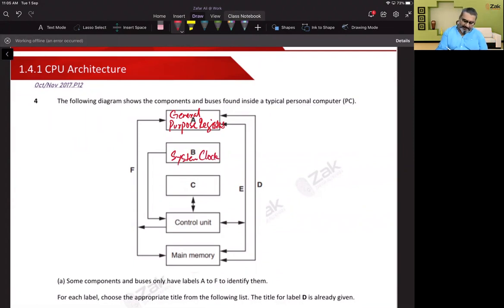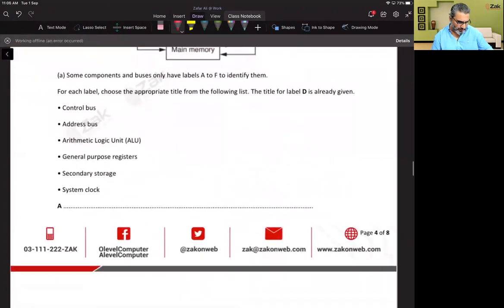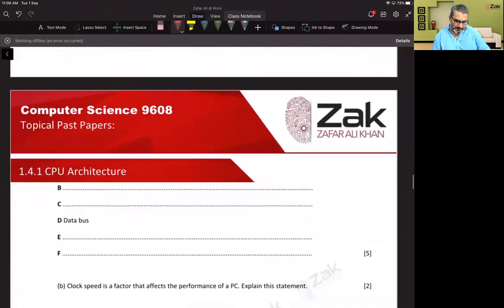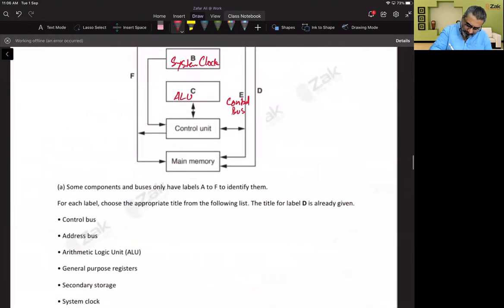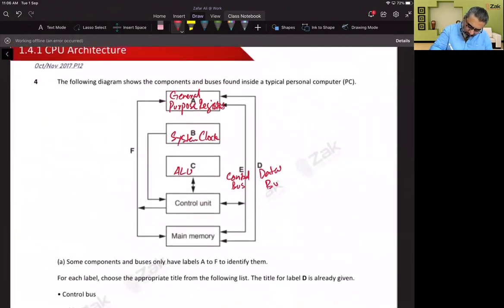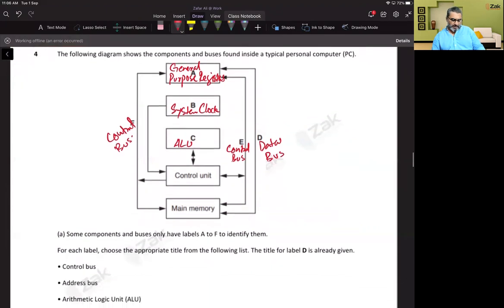Then we have got C, since it is only attached to control unit, definitely it is arithmetic and logic unit. And then we have E, it was control bus. And we have got D, this time they would have said it, it is data bus exactly. And this one is control bus.